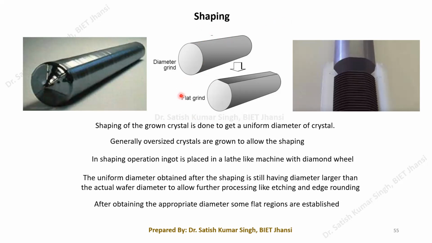First of all, because we are grinding it to make it a uniform diameter, we always grow the crystal with an oversized diameter. We have to take care of that. So when we do this shaping process, there will be some loss of material, and that should not reduce the diameter of the crystal to less than the required value.